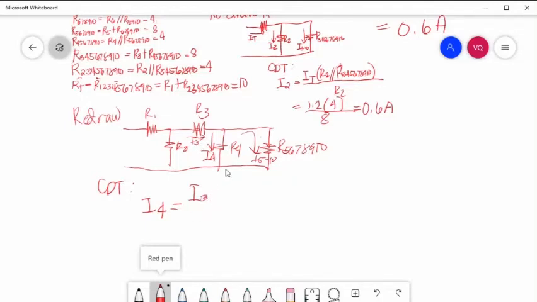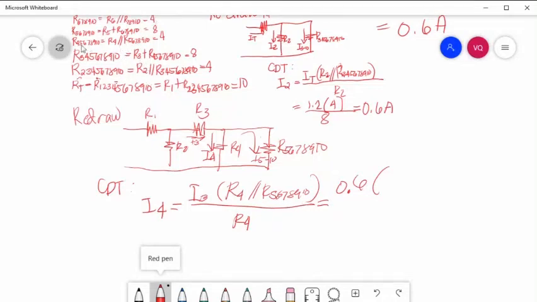So I3 multiplied by the parallel combination of R4 and R5, 6, 7, 8, 9, 10, divided by R4. So I3 is 0.6 multiplied by this one, R3 in parallel with R4 in parallel with R5, 6, 7, 8, 9, 10.